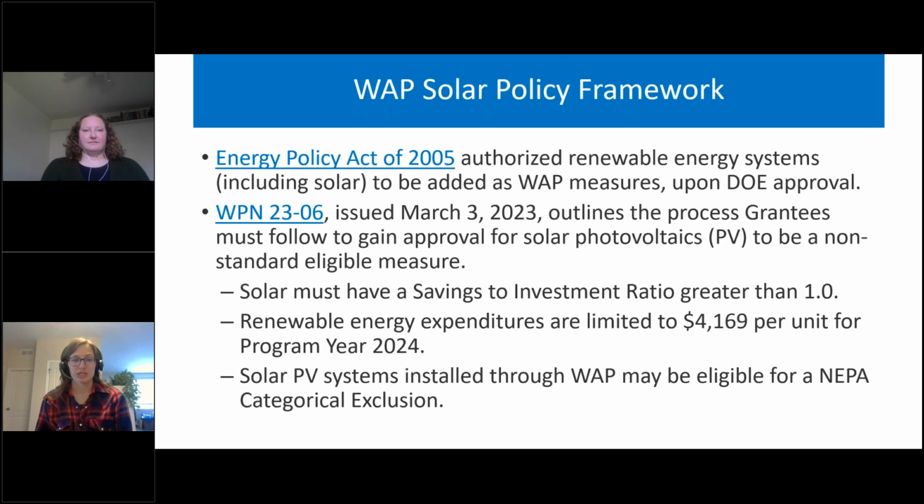And I just wanted to note that because this is a federal program, federal expenditures on construction are generally subject to a National Environmental Policy Act, NEPA, review, though solar within WAP with specific characteristics is eligible for a categorical exclusion.